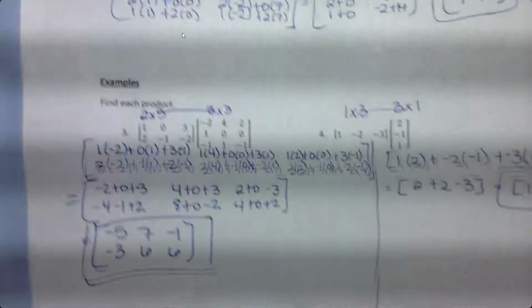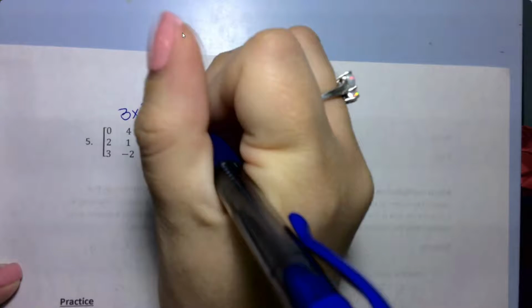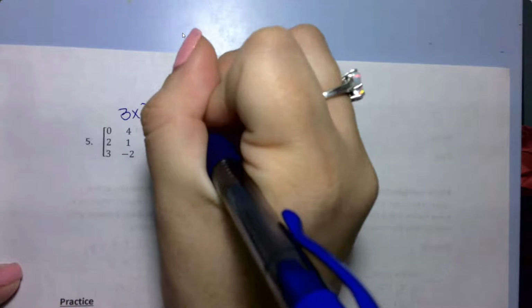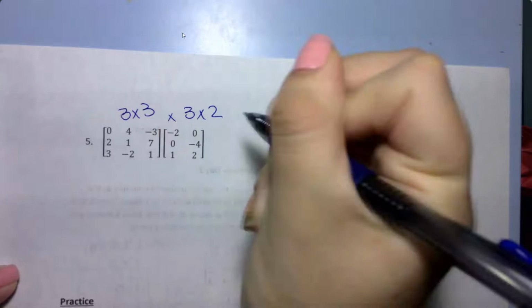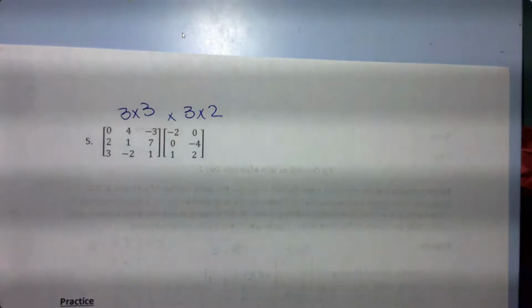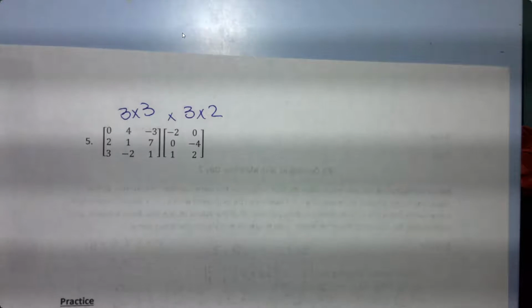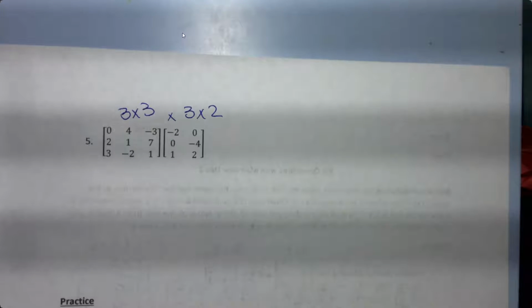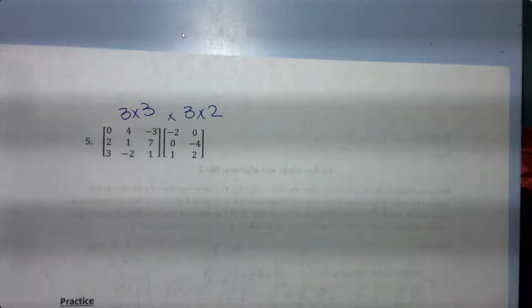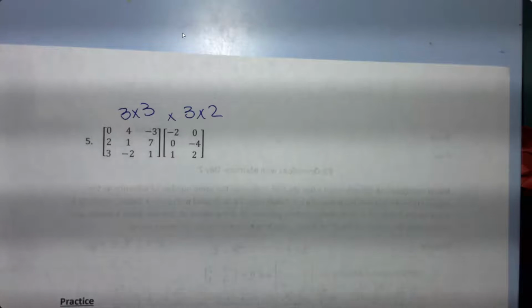Okay. One more example. This is a 3 by 3 times a 3 by 2. So I want to go ahead and multiply these together.